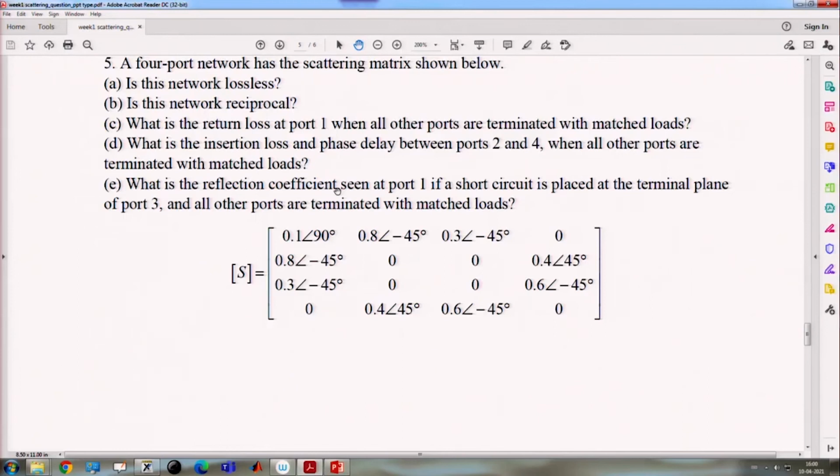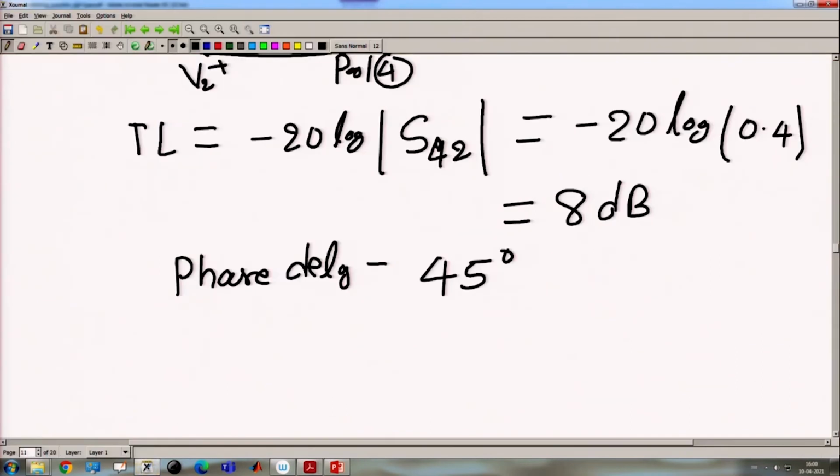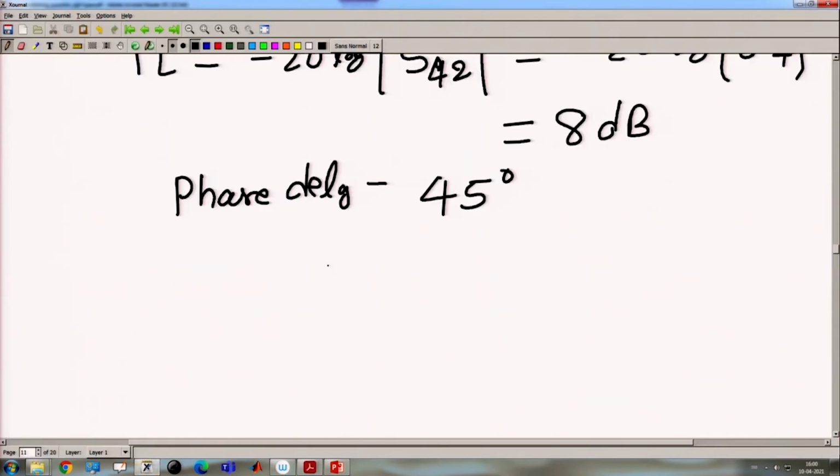So, port 3 will be short circuit and the other ports matched, that means V2 plus equals V4 plus equals 0.